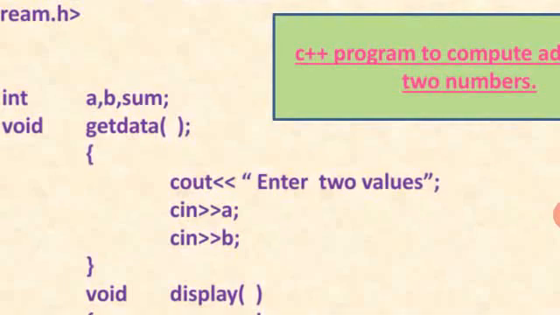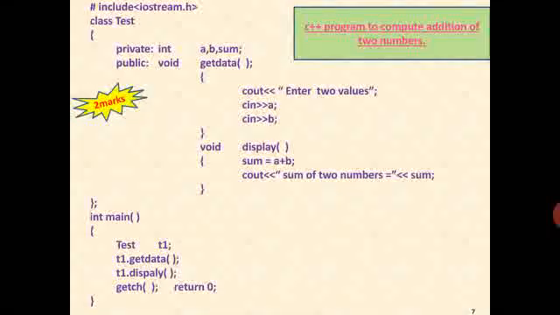A and B are unknown values to us, so we must ask the user to enter the 2 values. So we have written cout, enter the 2 values. Then I am accepting by using cin as A. Next line is cin as B, meaning 2 values I am accepting.